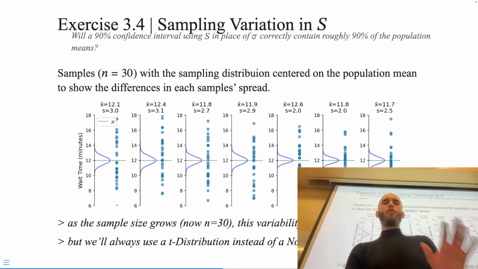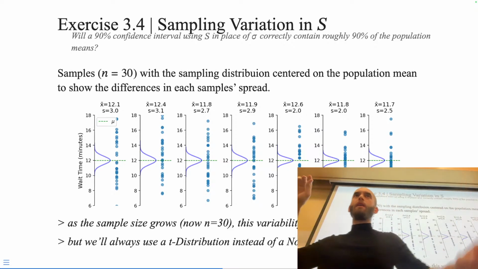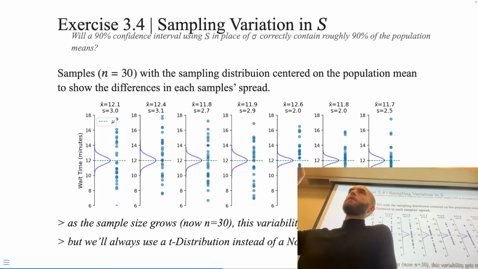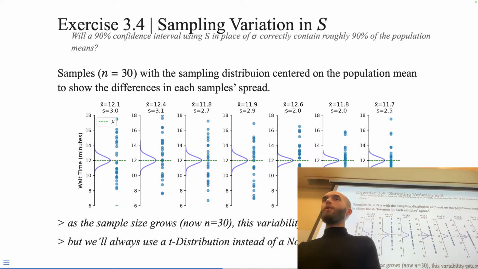Okay, so this is the idea. We don't know mu, so we center the distribution on our x bar. We know what that distribution is if we did know sigma, given to us by the central limit theorem. But we don't know sigma, so we can't use the normal distribution.